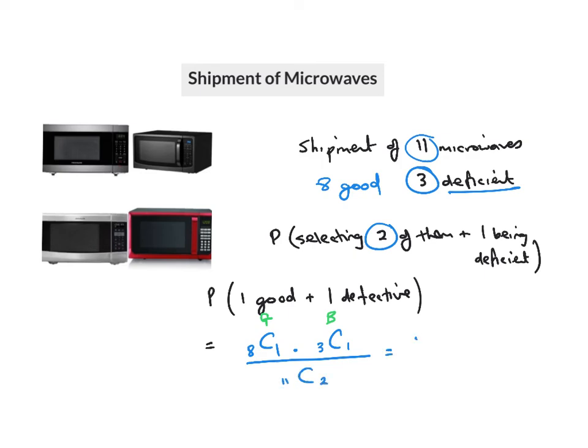So 8 choose 1 is 8, 3 choose 1 is 3, 11 choose 2 is 55, and therefore we get 24 over 55, which equals 43.6%, or 0.436.